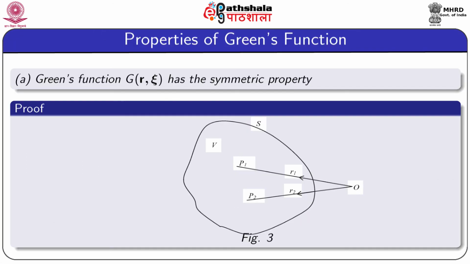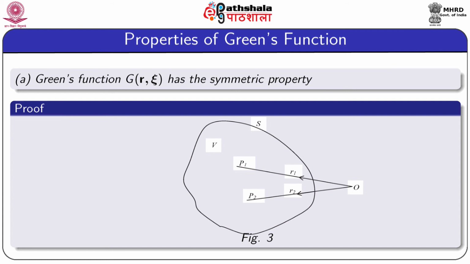Now, I am going to discuss some properties of Green's function. It has one important property: Green's function G, which is a function of two variables, the vector r and vector xi, is symmetric about these two variables.